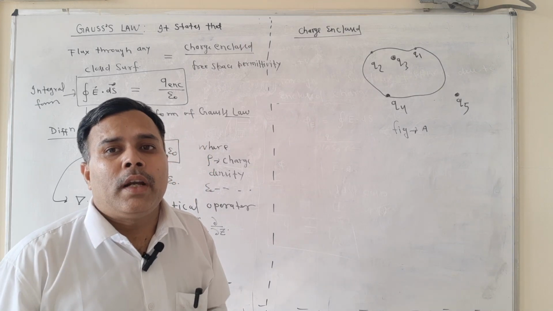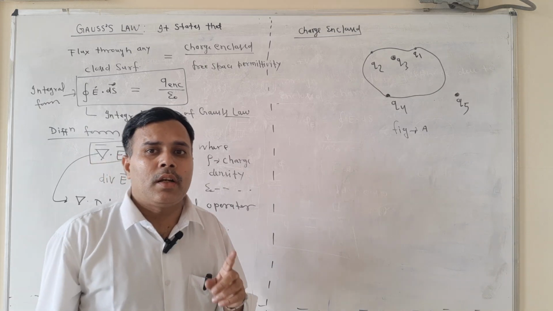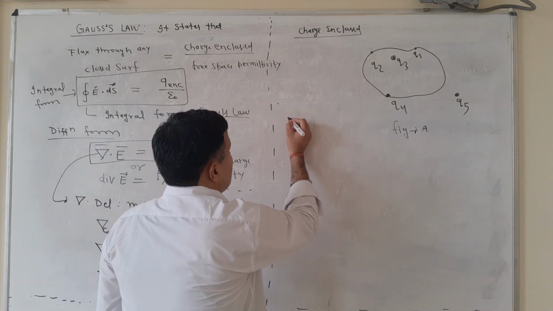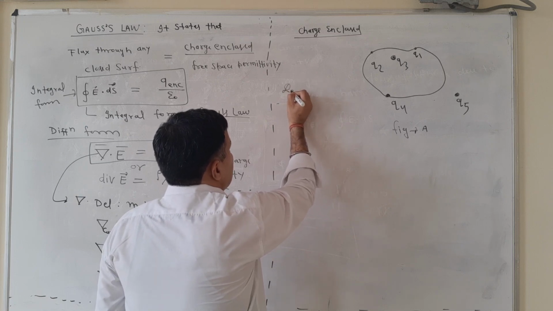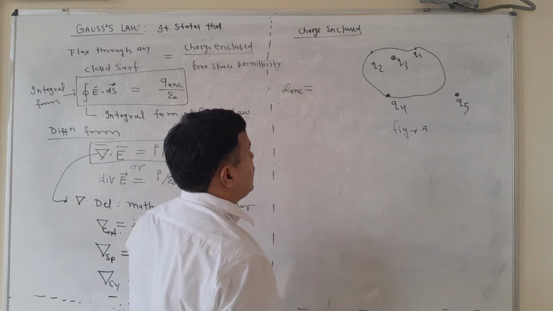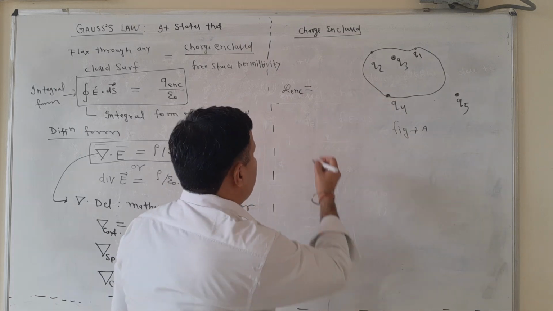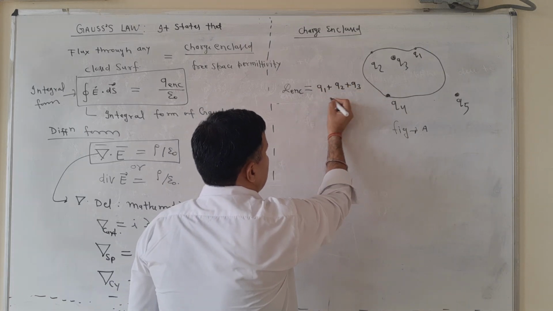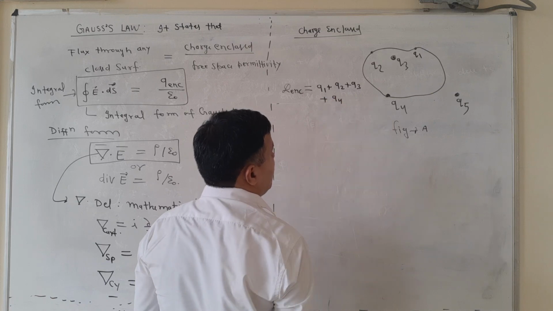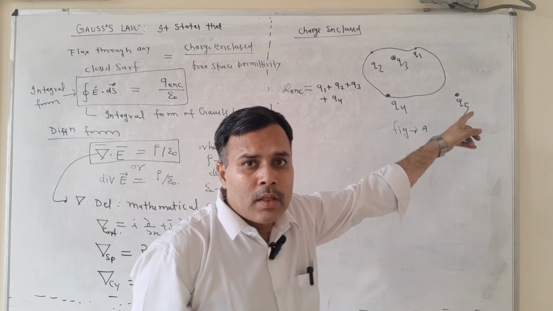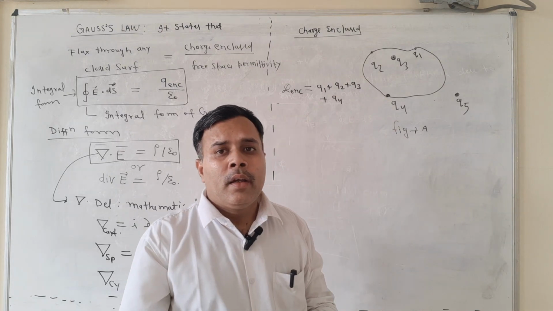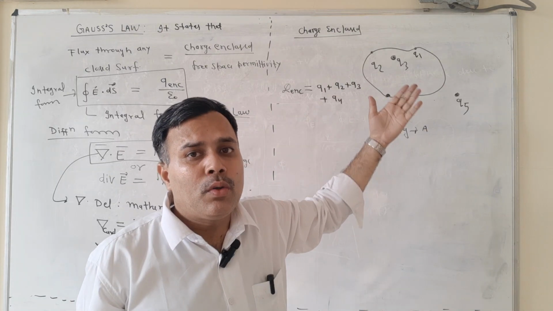This is a very important concept: charge enclosed and current enclosed in electrostatics and magnetostatics. So what is Q enclosed? Q enclosed in this case is simply Q1 plus Q2 plus Q3 plus Q4, not Q5. Charge enclosed means the total charge within the surface or on the surface.